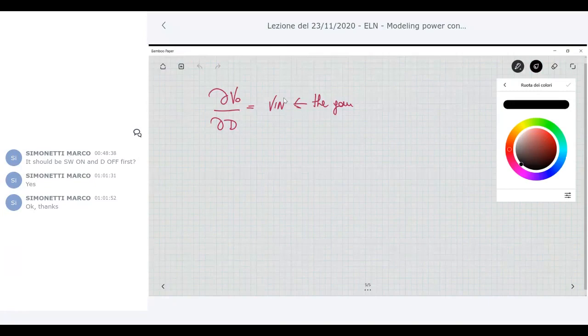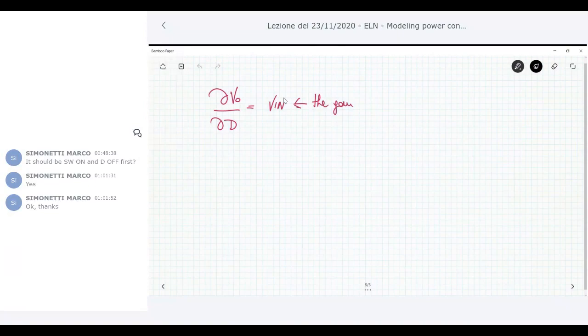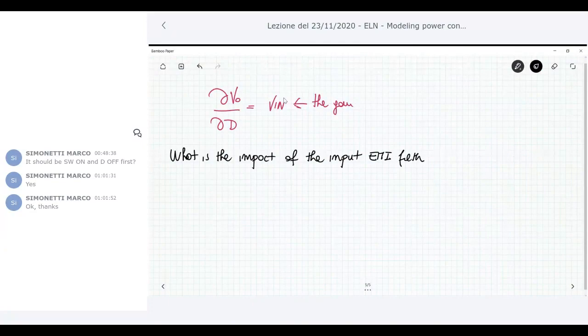Okay, so my goal here is: what is the impact of the input filter on the stability of a CCM operated buck?